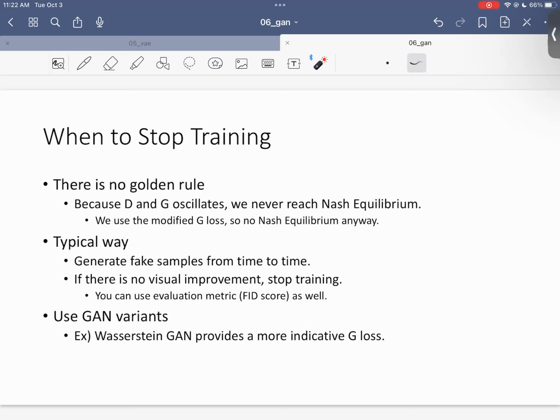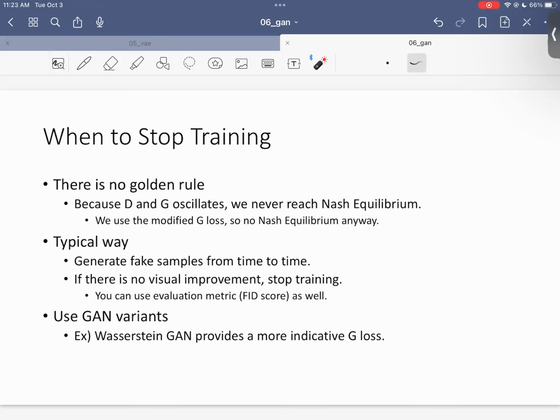Because, as I said in the beginning, GAN does not have an explicit parametric function that approximates the likelihood of the samples, unlike VAE or unlike autoregressive models, where there is a parametric function to calculate likelihood. In GAN, there is no way to directly calculate the likelihood of your generated samples, the X primes.